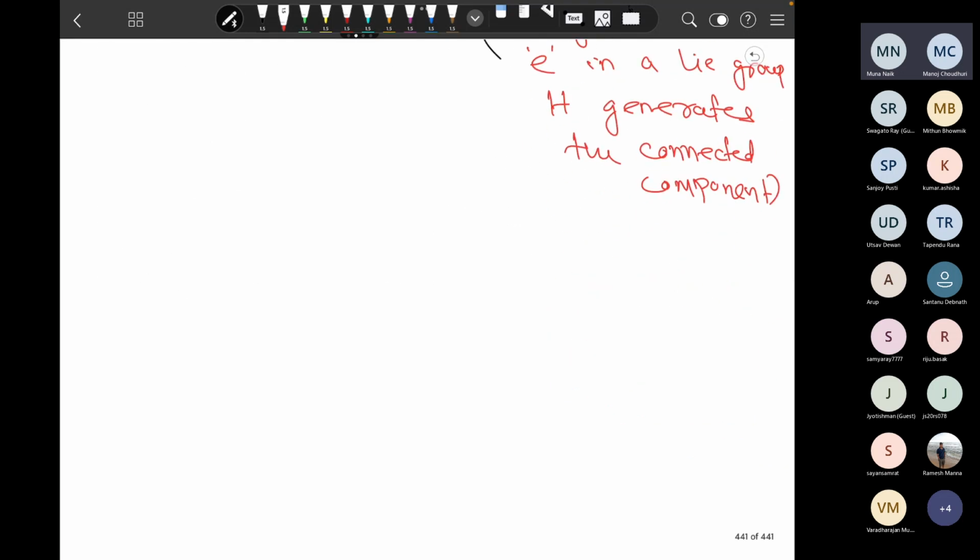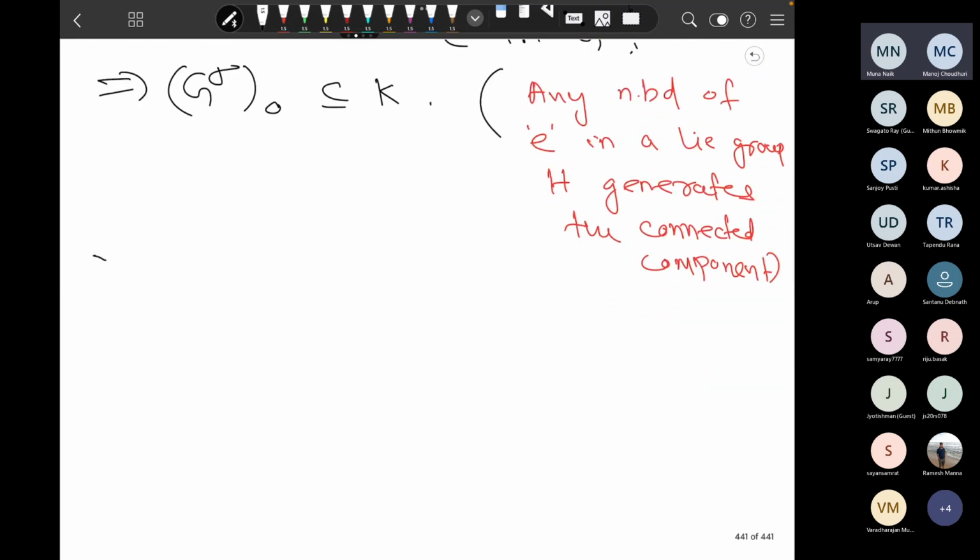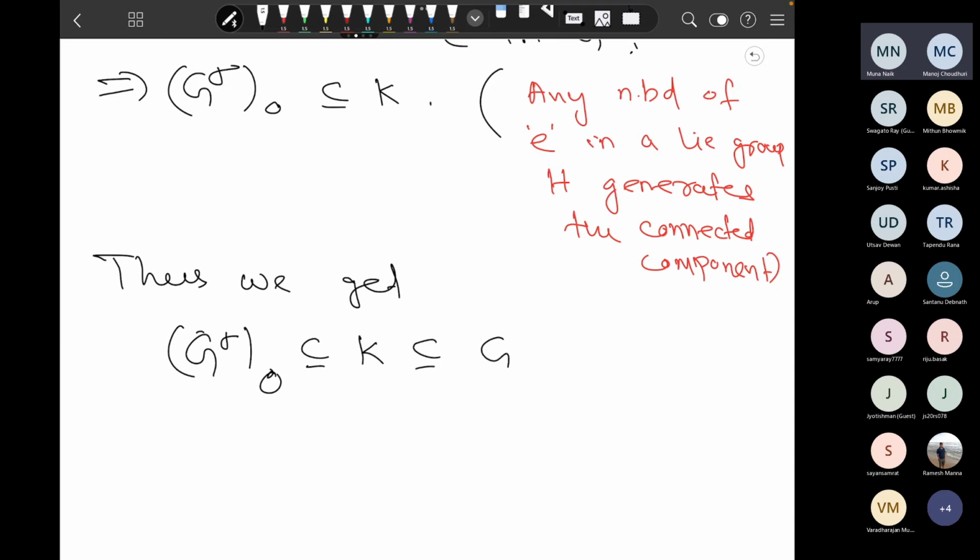Thus we get that G sigma naught is contained in K inside G.